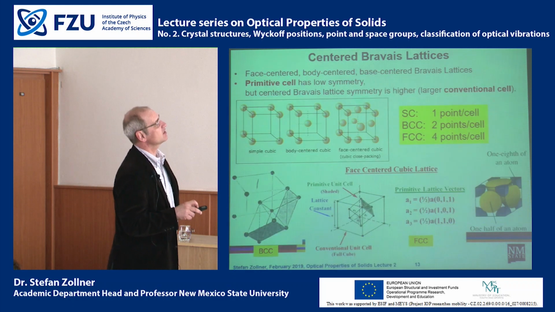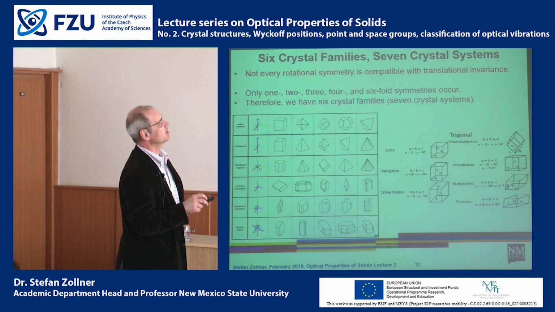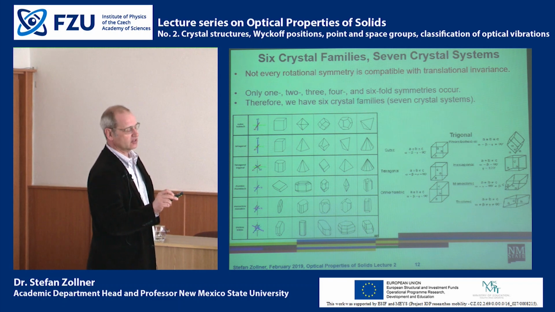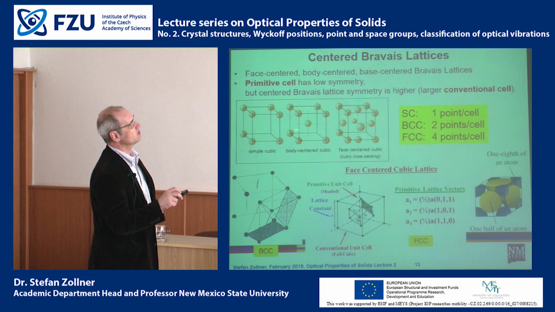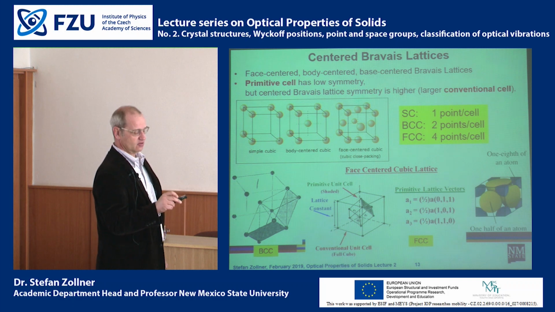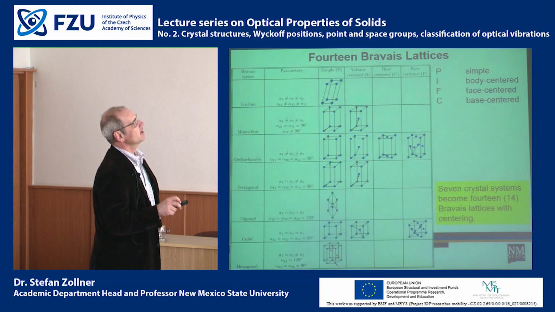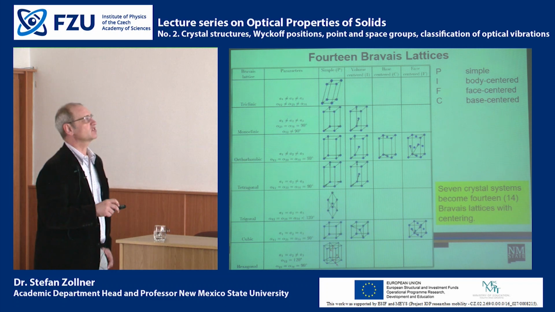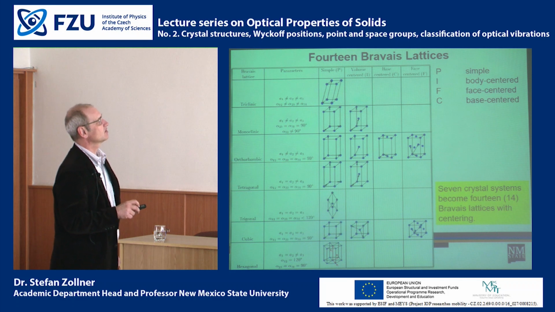We said before that there are 7 crystal systems, which are these, but some of these can allow centering. And therefore, there are 14 Bravais lattices. The letter P means that the Bravais lattice is a simple lattice where there are just the 8 points at the corners.